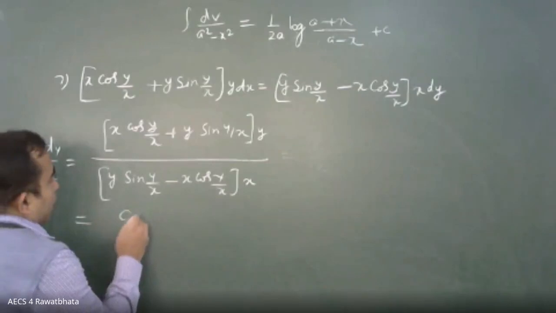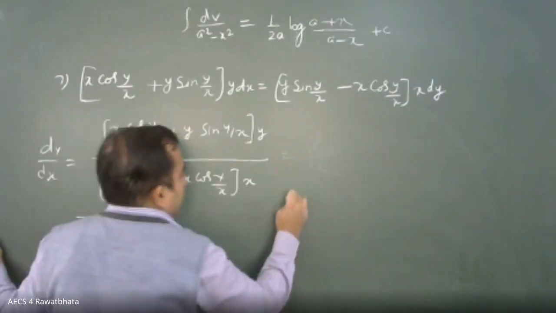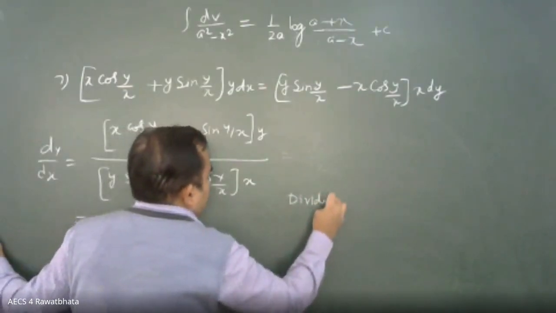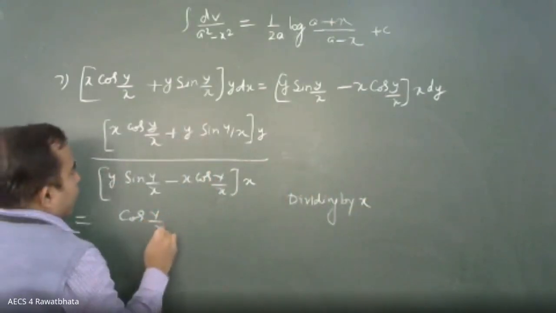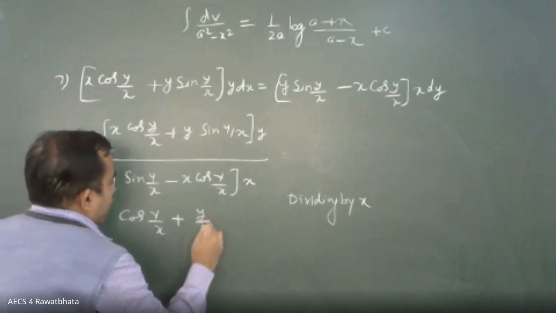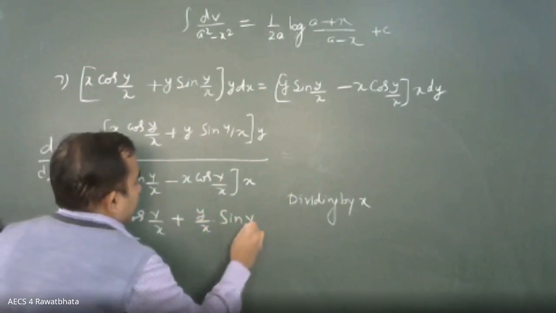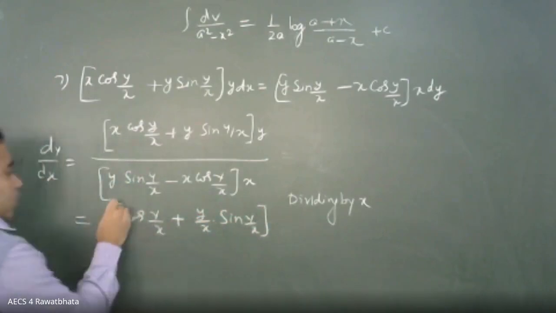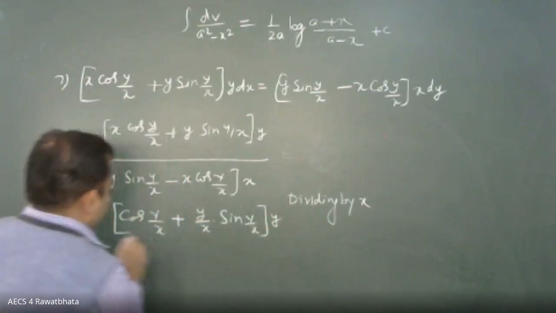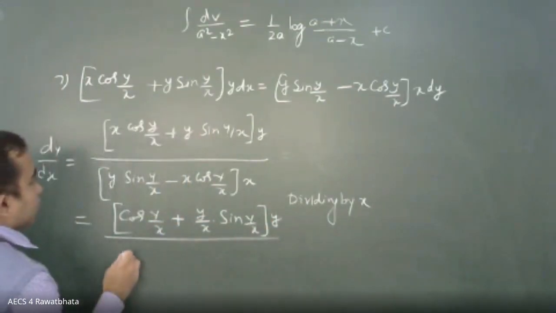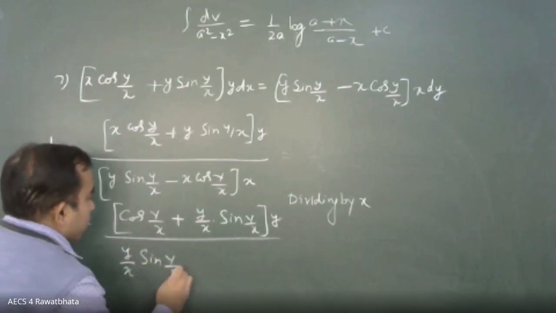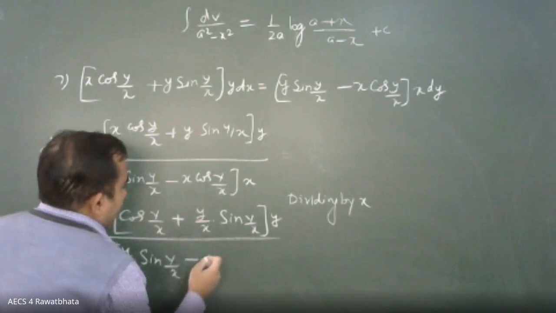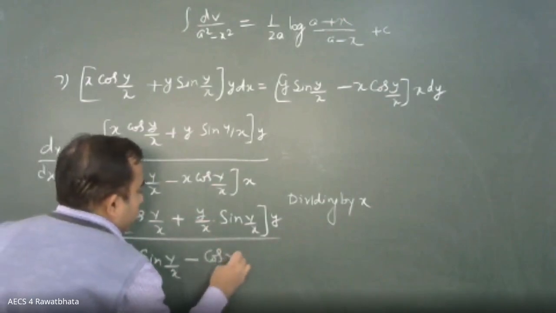So dividing by x, this will give me cos y upon x plus y upon x sin y upon x into y whole upon y upon x sin y upon x minus x we have divided, so x will be removed, cos y upon x.